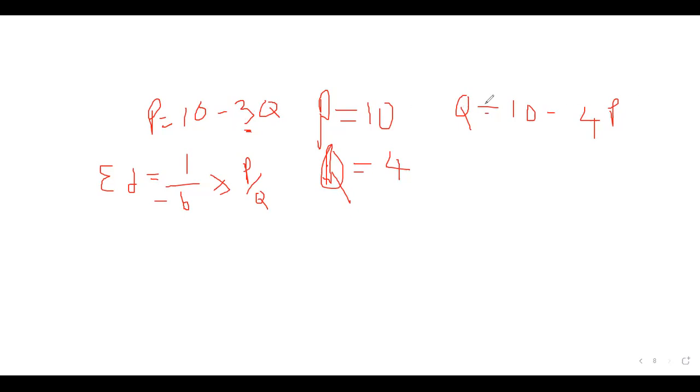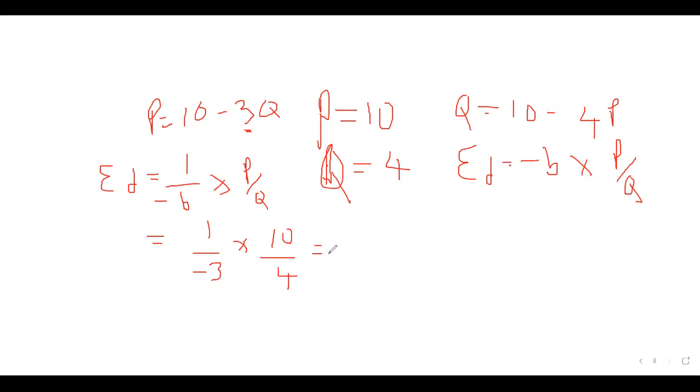If the subject of formula is q, the elasticity formula we're going to use in this case is for a direct demand. We just get negative b times price over quantity. So here we're going to put 1 over negative 3 times price, which is 10, over quantity, which is 4.